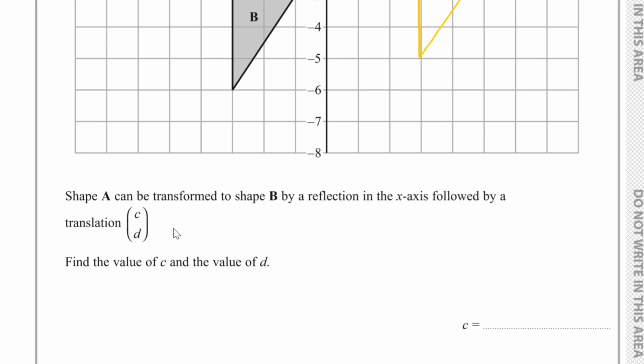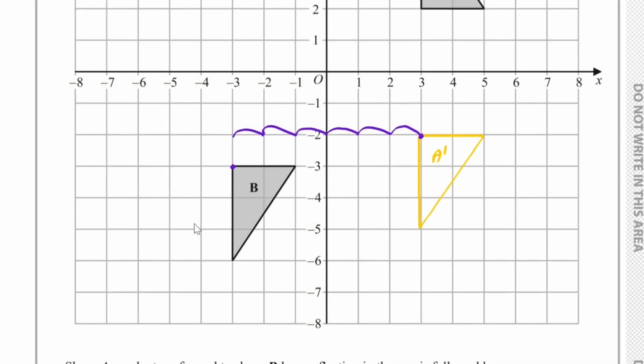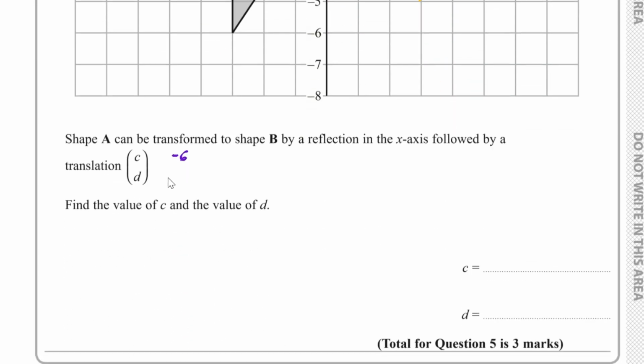So in terms of our translation, we have -6, and then we go 1 unit down, so we have -6, -1. So therefore the value of C, that's -6, the value of D, that's -1.